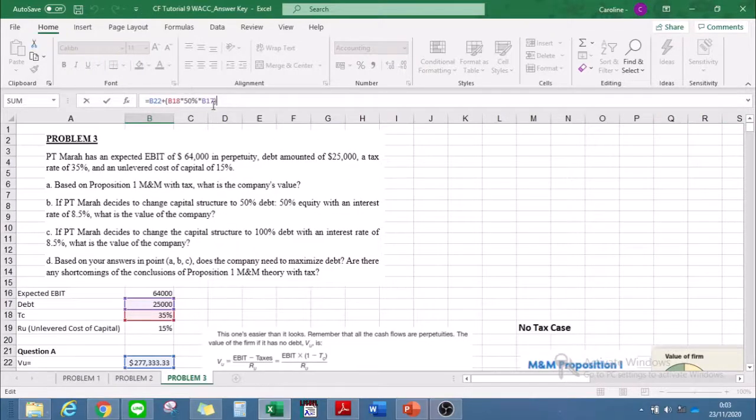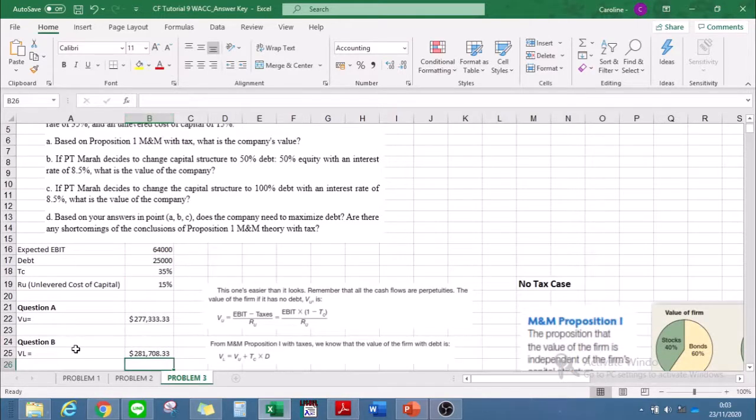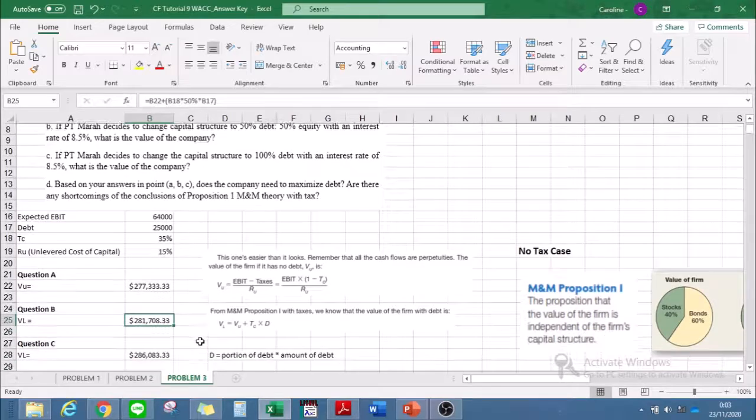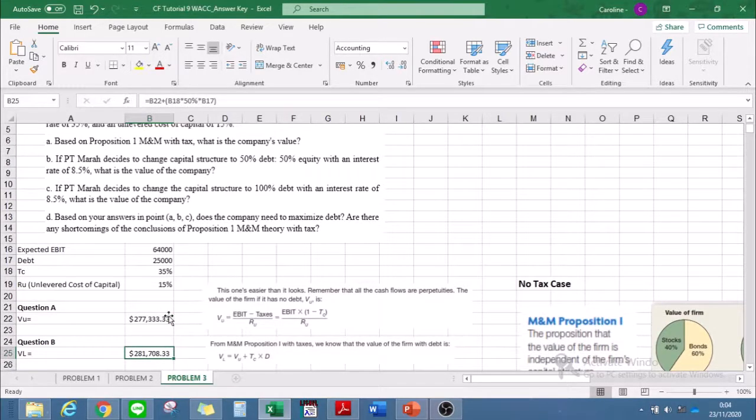You find that the value of the levered firm, which in this case uses 50% debt and 50% equity, will result in the value of $281,708.